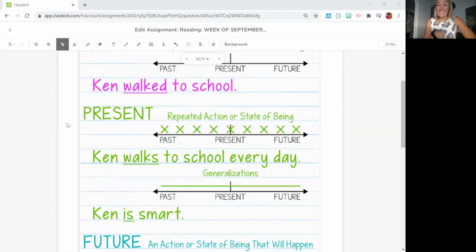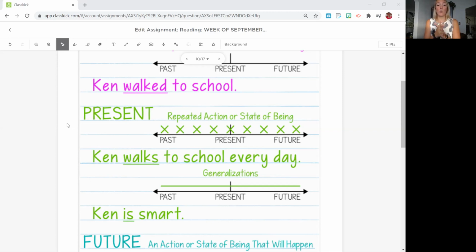Now for our present tense verbs, that's whenever we're talking about something that is happening right now, or that happens quite often. So when we are talking about present tense, it is the root of the verb. Sometimes we'll have an S on it if it happens multiple times, but usually it'll just be the root.